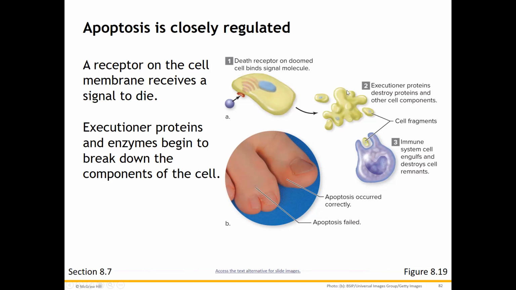It makes these big blobs and pieces of it start breaking off. And you have other cell components all breaking into pieces. Your immune system comes along and engulfs and destroys the pieces that are flying off. But don't worry, because if there's any proteins or nucleotides or amino acids in there, the body will reuse them.